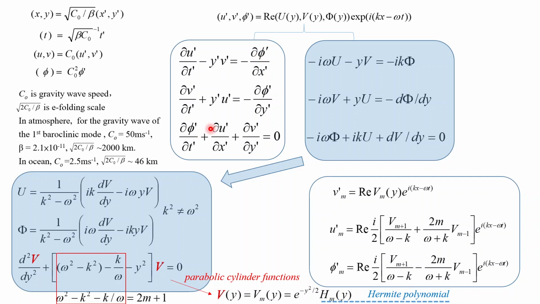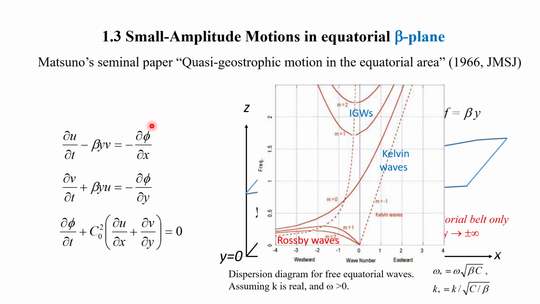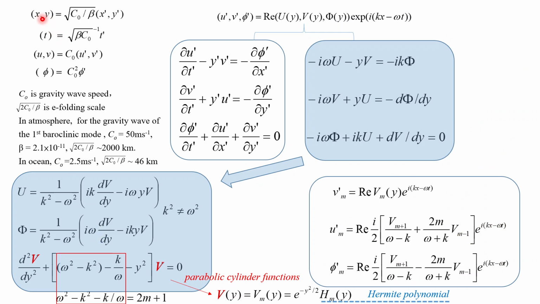So from this set of shallow water equations, first you can non-dimensionalize the set of equations by introducing the length scale, square root of C naught divided by beta, the time scale, the inverse of square root of beta C naught, and the velocity scale C0, which is the gravity wave speed, and phi is C squared.